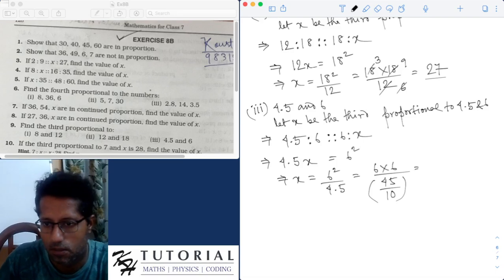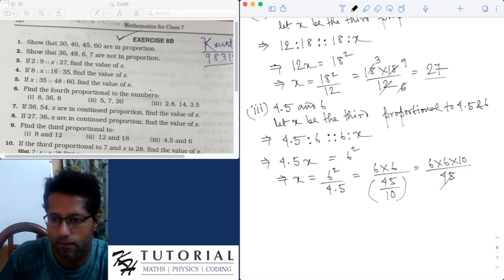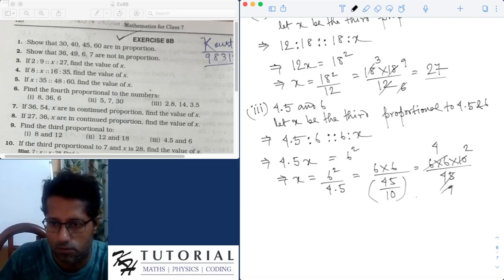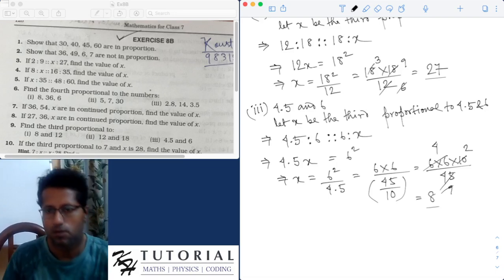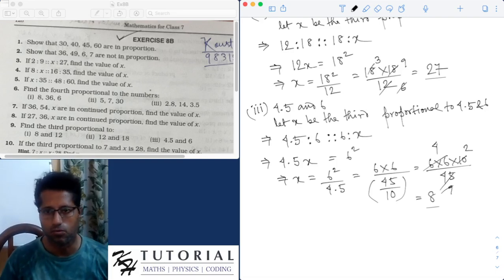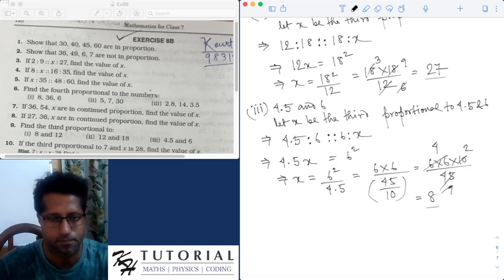This equals 6 into 6 into 10 divided by 45. So 5, 9, 5, 2 and 9 goes, this 6 into 6 is 36. So 4. So this is 8. So the third proportional to 4.5 and 6 is 8.